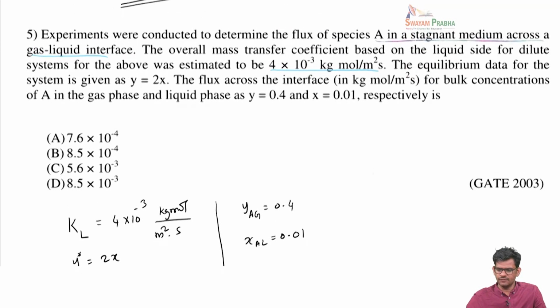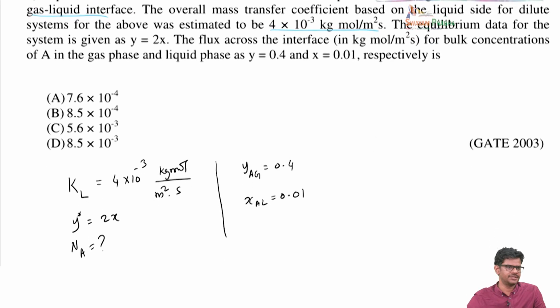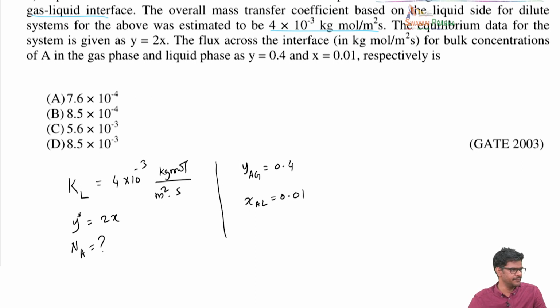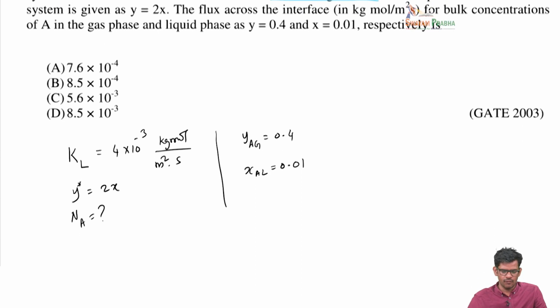So it is A diffusing in a stagnant medium, so meaning it's A diffusing through non-diffusing B, and then overall coefficient is given, YAG, XAL is all given.